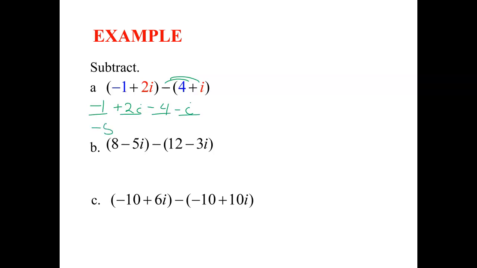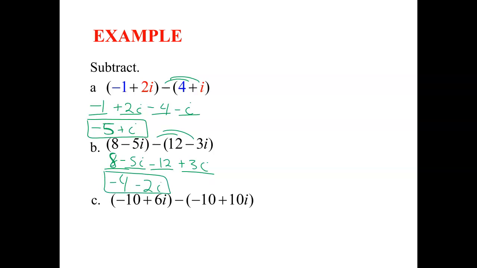What do I get? I. Make sure it's in standard form. Distribute your negative. Add your real parts. What do you get? 8 and -12. -4. Add the imaginary parts. -2i.